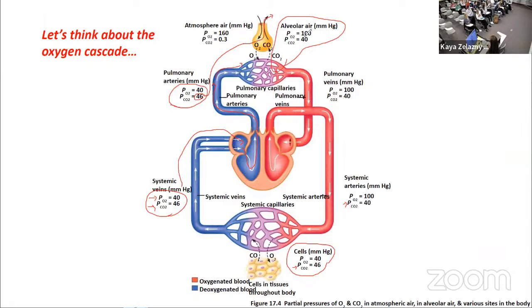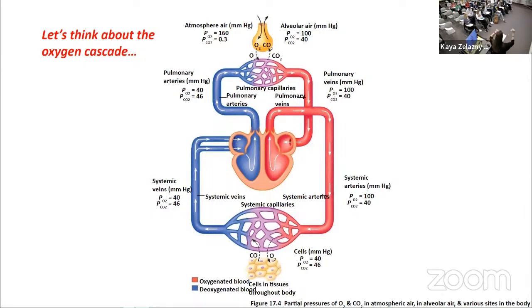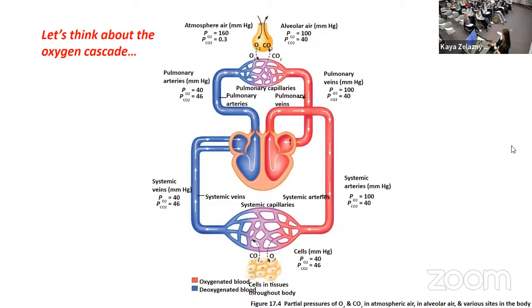So 46 was higher than 40, so carbon dioxide comes out. Oxygen is at 40, alveolar air is at 100, so oxygen is coming in, bringing us back to those original values. Okay. So that's something called the oxygen cascade, this sort of exchange, especially of oxygen, as we're moving through our cardiovascular system and passing the lungs and the tissue.